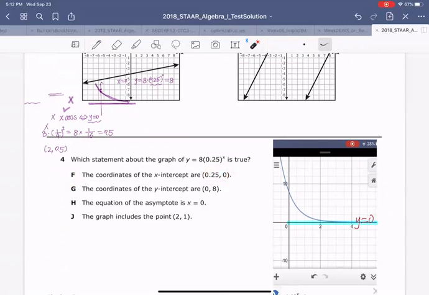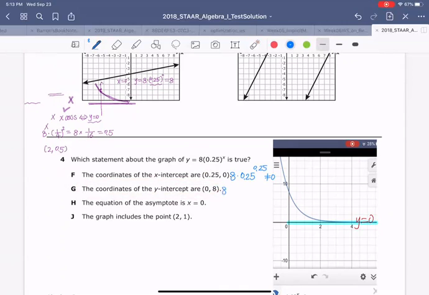No way, right? 0.25 to the power 0.25 times 8. Is this 0? No, this is not 0. Okay? Yes. Now G. Tell me if G is correct or not. Yes, G is correct.